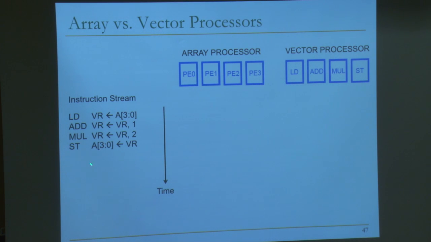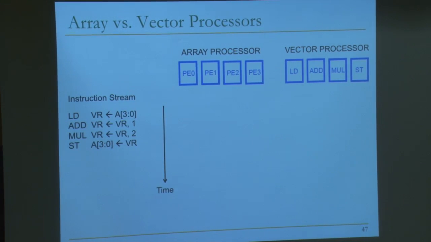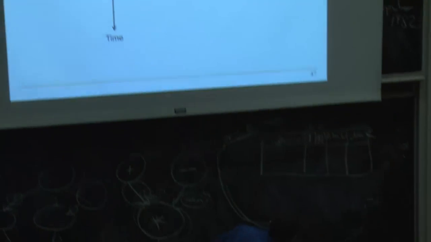And let's take a look at our instruction stream. This is a cooked-up vector program for you. We're going to see the vector instructions in much more detail soon. But basically, we want to do a load from this array into what I'll call the vector register. And the array has 4 elements. And then we're going to add 1 to each element in the array. That's what this means.